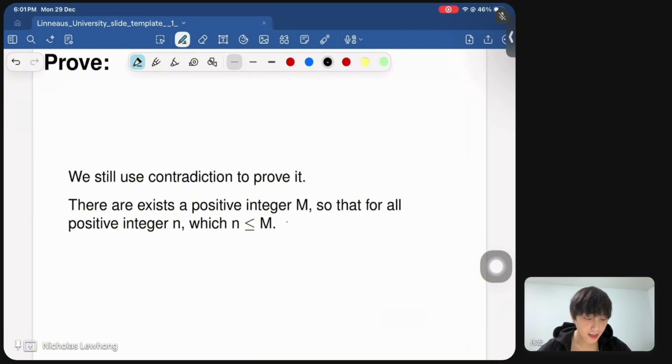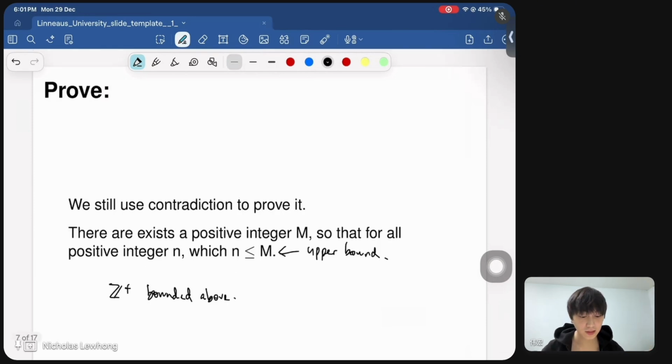So from this information we know that m is an upper bound. So it proves that Z plus is bounded above, right? And we already know from Theorem 1 that Z plus is not bounded above, so this is a contradiction. So actually this is already proved.